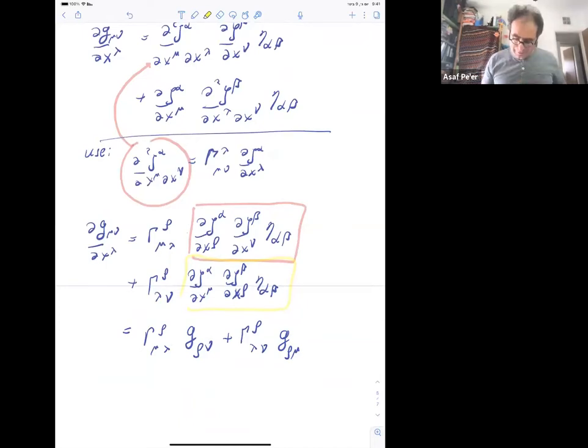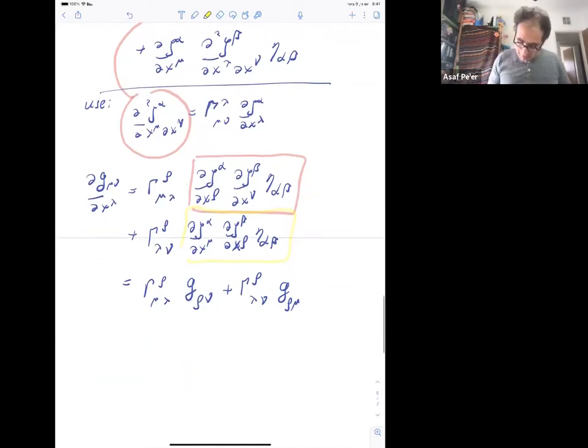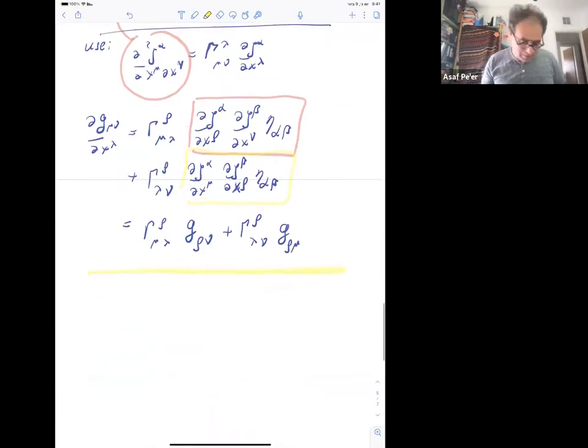Now we want to get... Now comes another kind of ugly algebraic thing. So now I take that and then I add to that equation the similar equation with exchanging mu and lambda, and subtracting the same equation with exchanging mu and lambda.